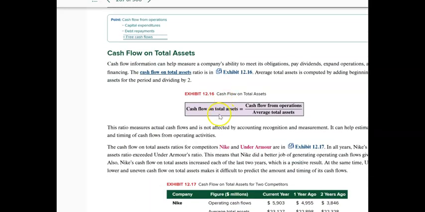And so we can see the formula here. Cash flow on total assets equal cash flow from operations divided by average total assets. And so this is going to tell us how well we are using our assets to generate cash flow from operations. Okay. So we're going to take our operating cash flow, and it's divided by our average total assets.